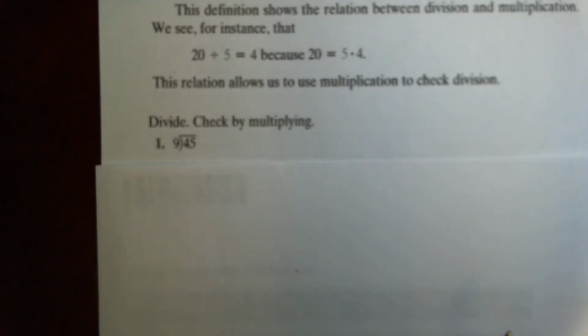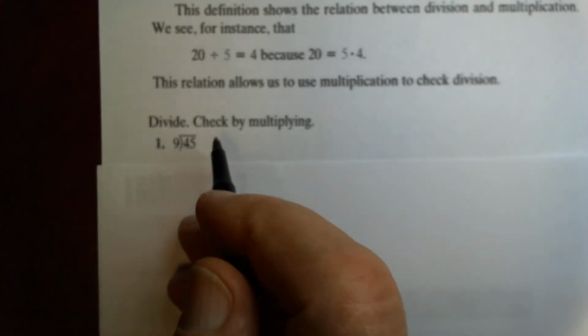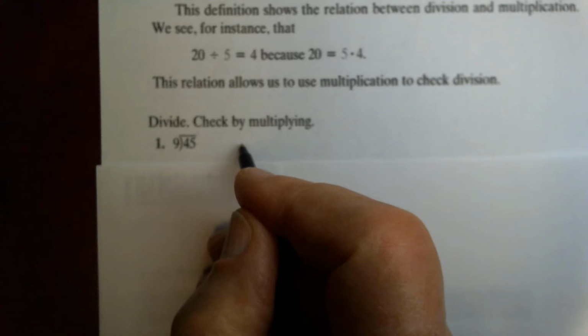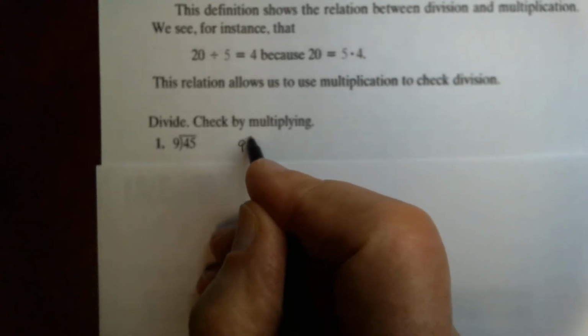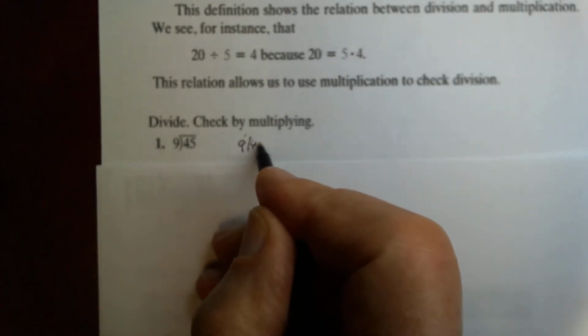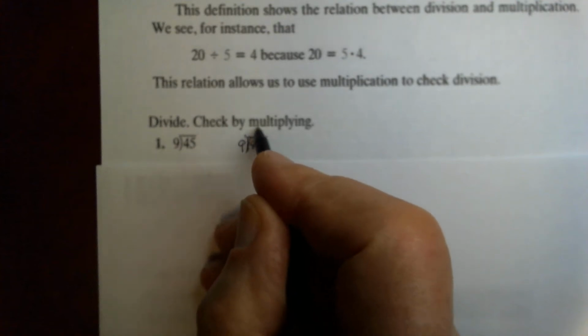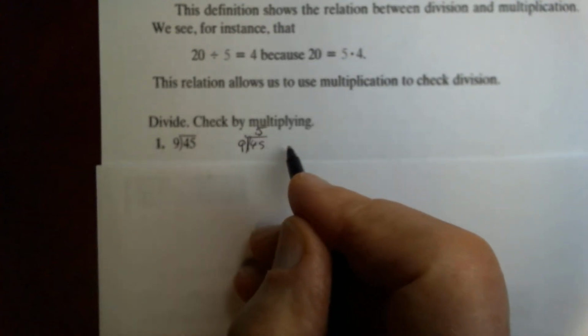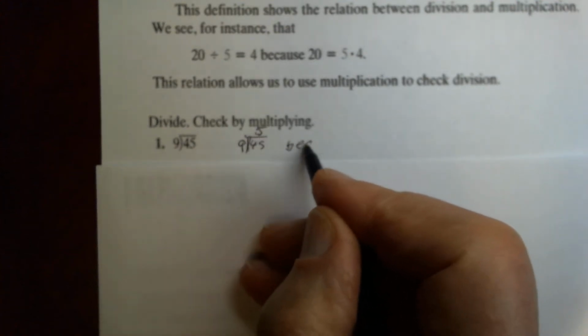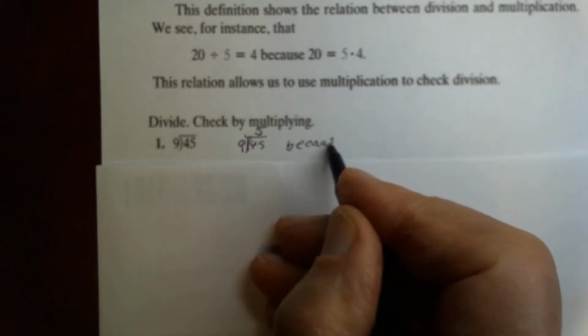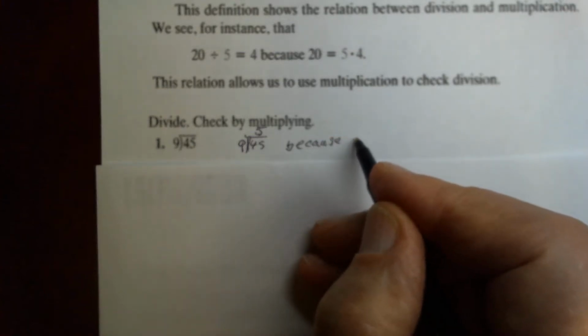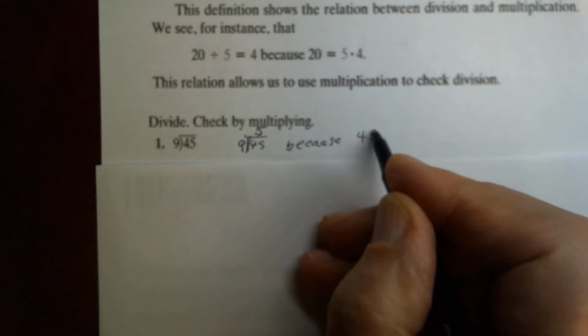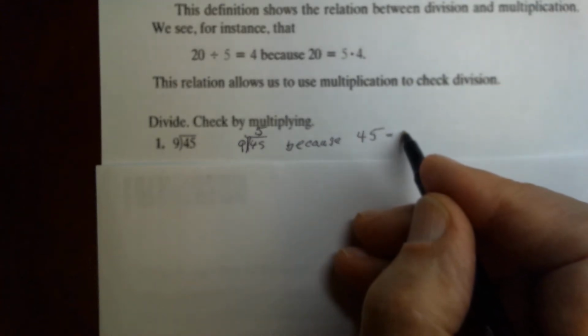Here's some exercises. So here we're dividing 9 into 45. So 9 divided into 45 equals 5, because 45 equals 5 times 9.